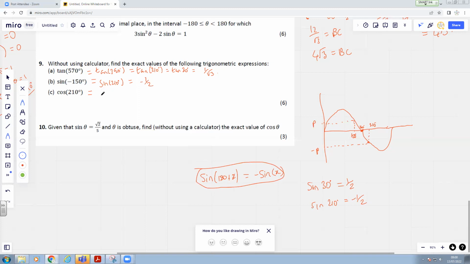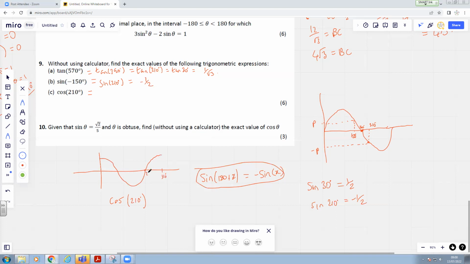Cos of 210, and this works similarly for cos as well. You can see it from the symmetry of the graph here. If you're good with the graphs, you can see everything from those. It hits zero at 90, reaches its nadir at 180, and then goes back up to a peak at 360.